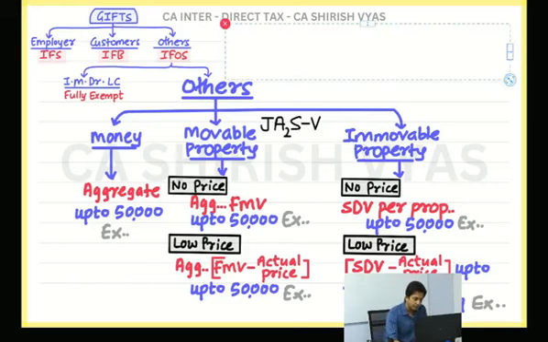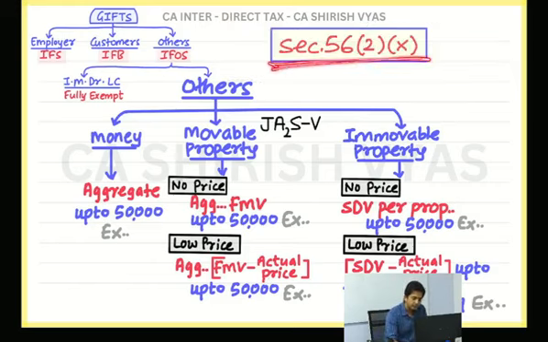These rules are written in section 56(2)(x). Here it is not section 10. 56 is the main section, then subsection 2, and then there is clause x, a small Roman x, not a big one. So 56(2)(x), don't say ten.